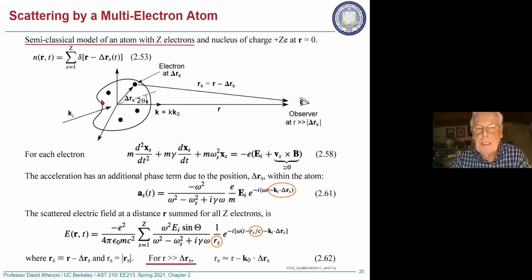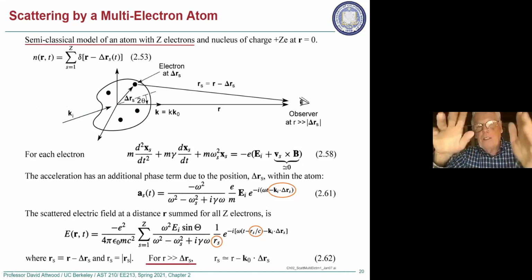The other limit is when they're looking not at some angle like this, but when the incident radiation is coming straight on, the phase that this electron sees, the front one, is different than the phase of the one closest to the observer. There's a phase difference here for the oscillating electric field, for what those electrons see.